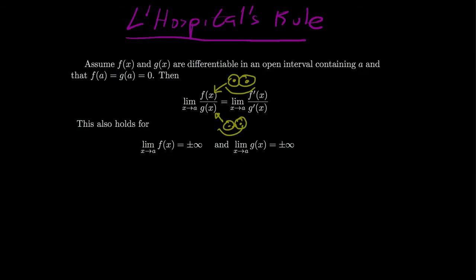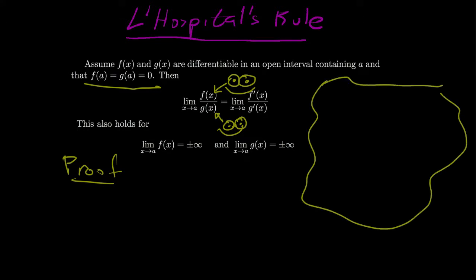Okay, anyways, sorry. Alright, so let's prove it for the first case, just 0 over 0. And it's not too difficult to see. Let's start off with the definition. Let me write down here something to remember so that this makes a little bit more sense.